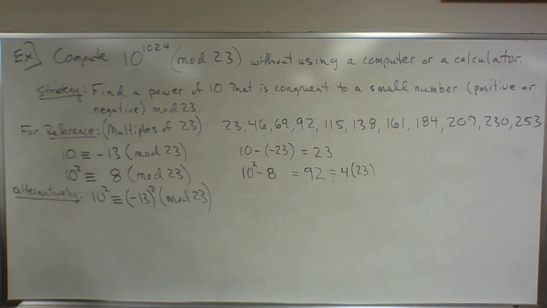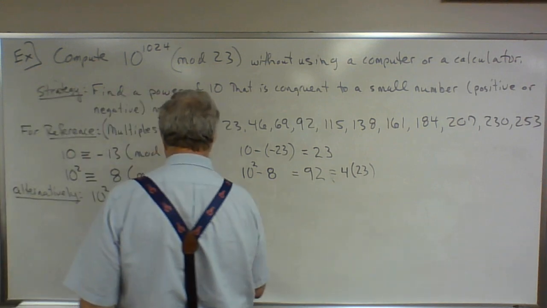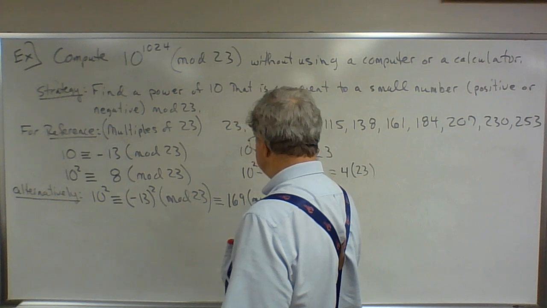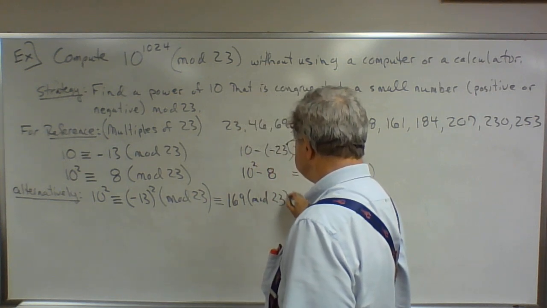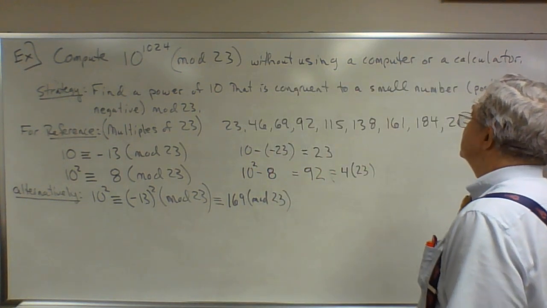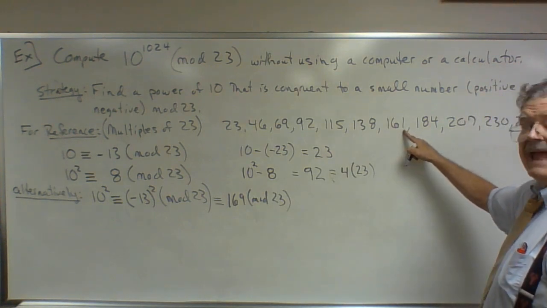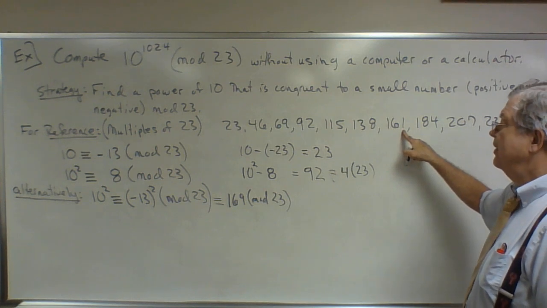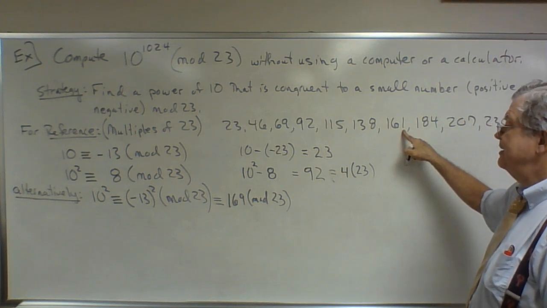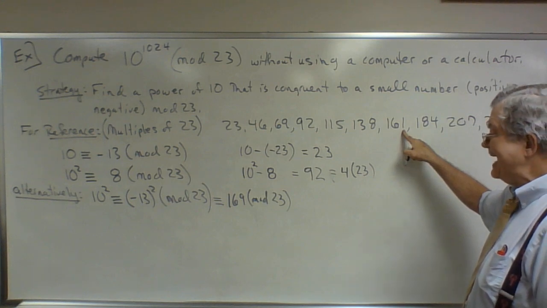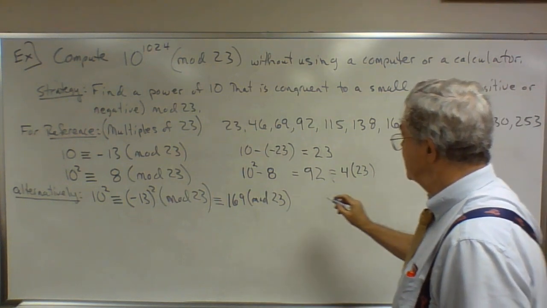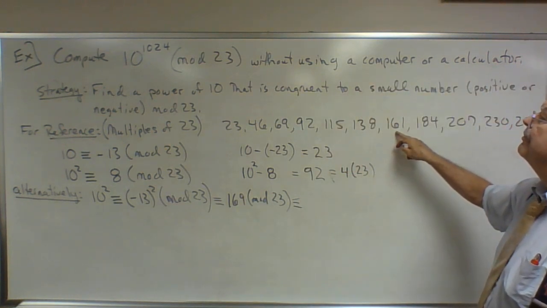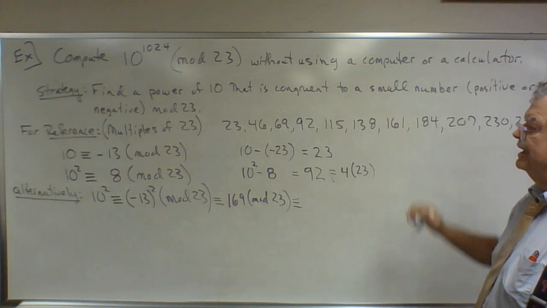And negative 13 squared is 169. And 169 is 8 greater than 161. So 169 minus 8 is 161.